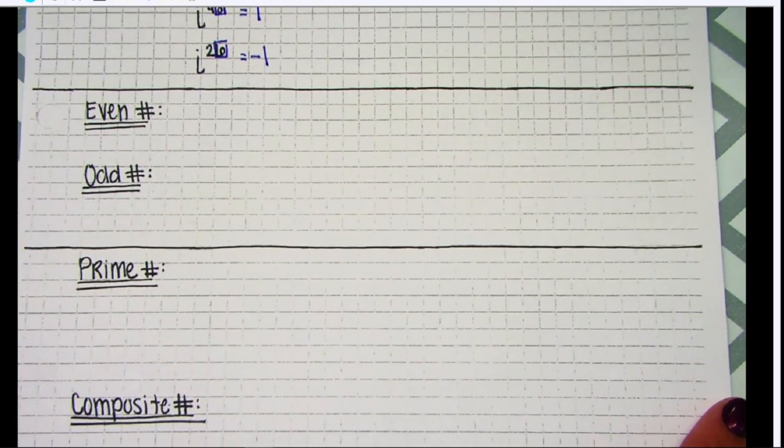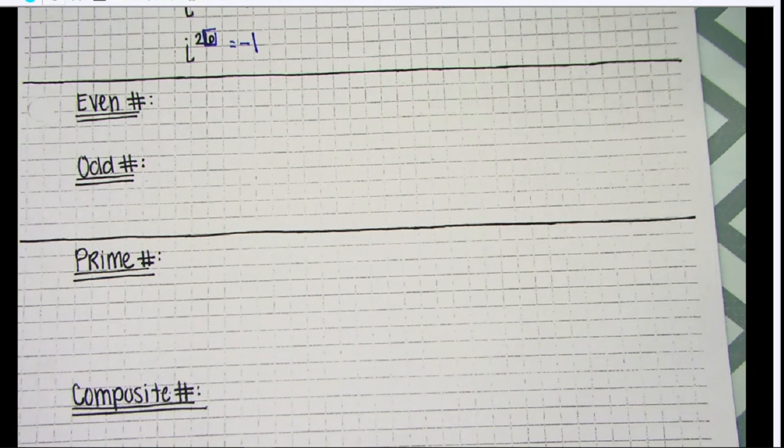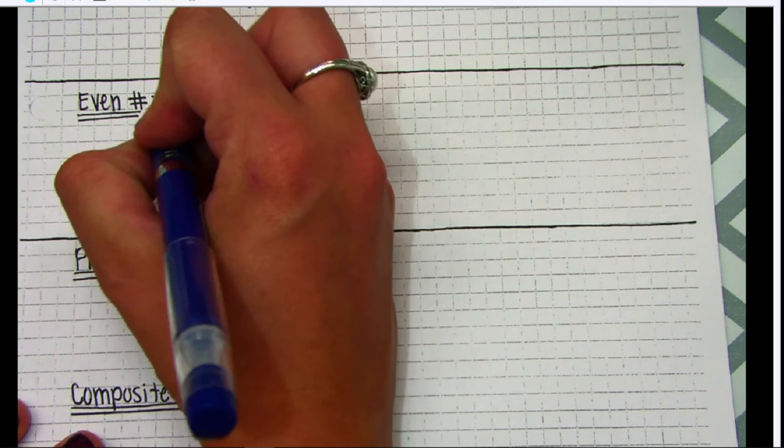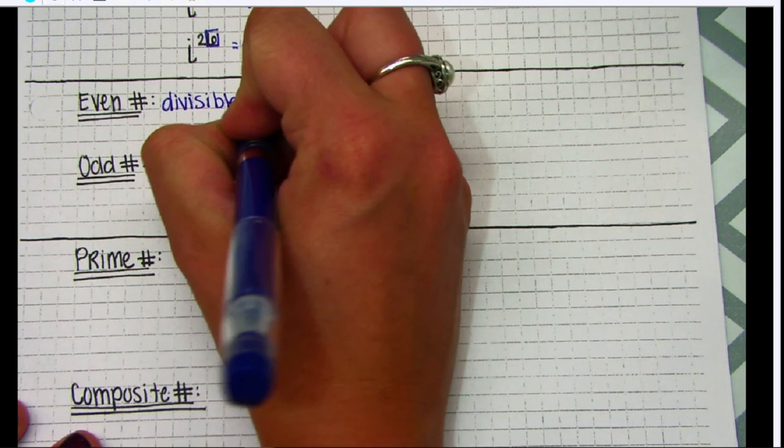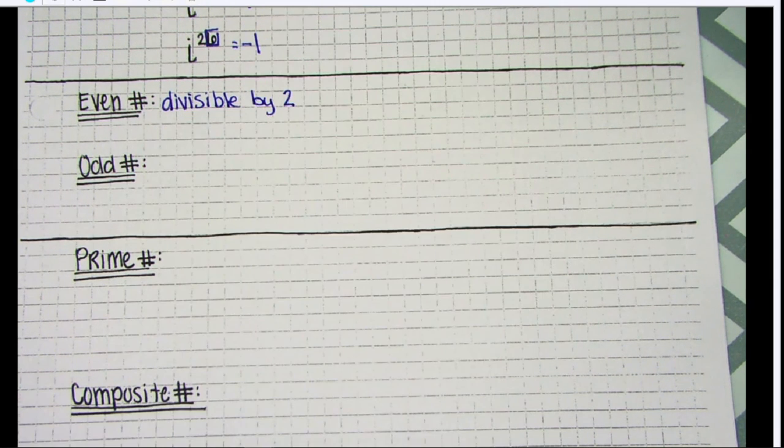What's an even number? Okay, 2, 4, 6, 8. So numbers that are 2, 4, 6, 8, what number are they all divisible by? 2. So an even number is divisible by 2. The term divisible means if I divide it, I don't get a decimal.